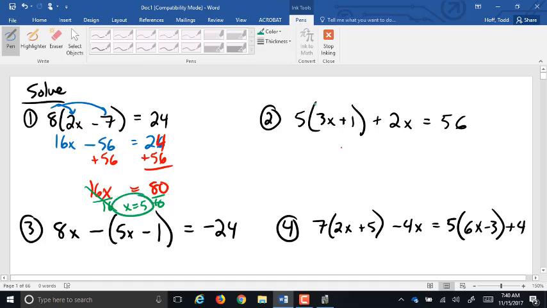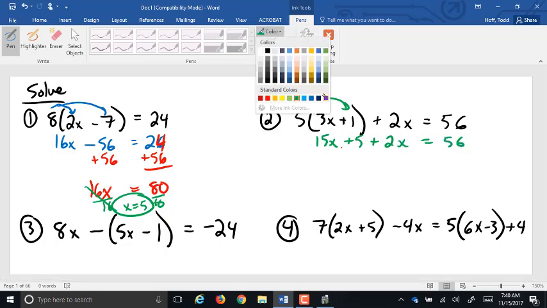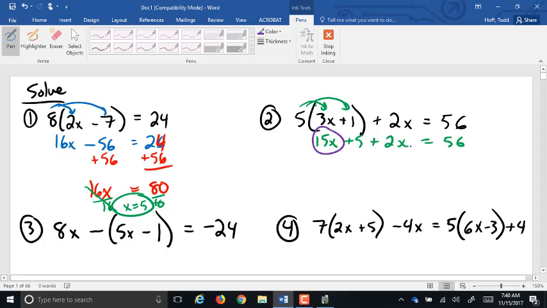How about over here? Yep, we see the parentheses, so we know we got to start there. 5 times 3x, 15x. 5 times 1 is 5. What's next? 15x and 2x makes 17x plus 5 equals 56.